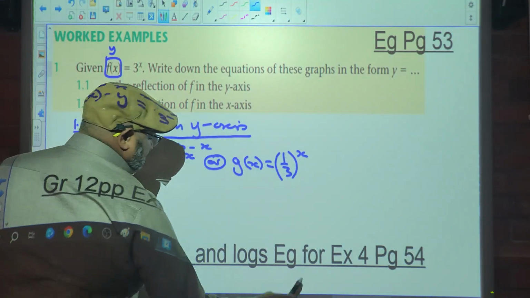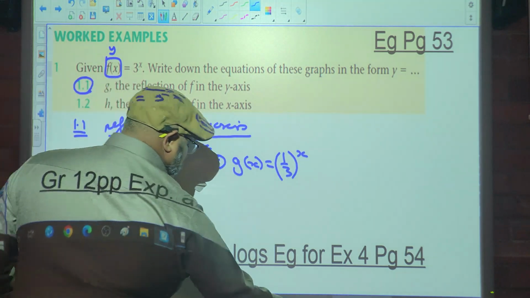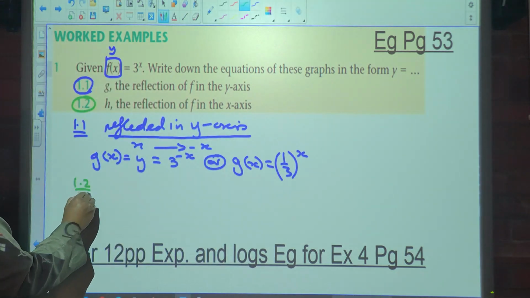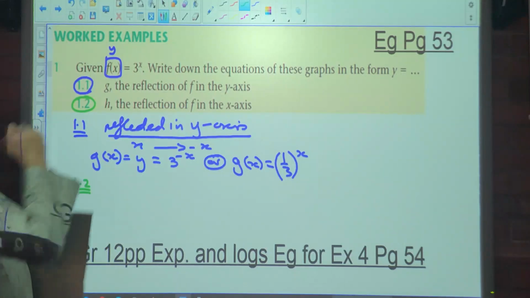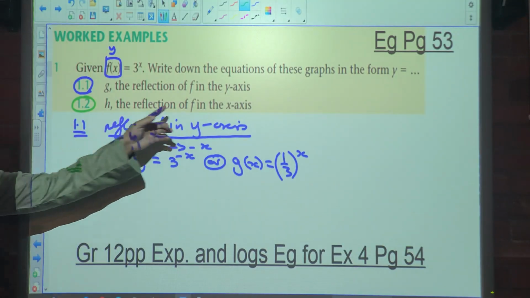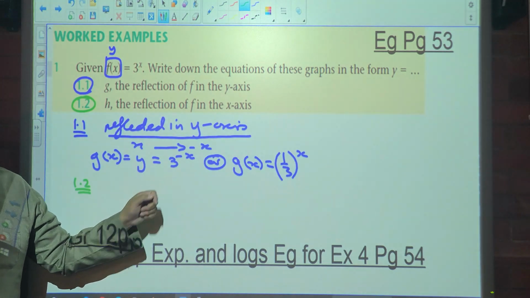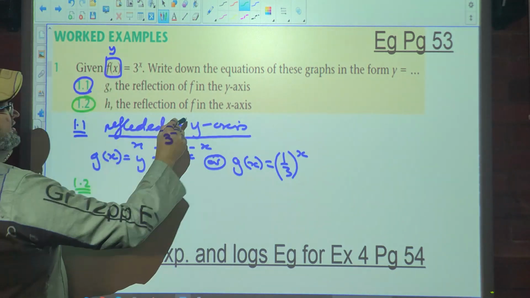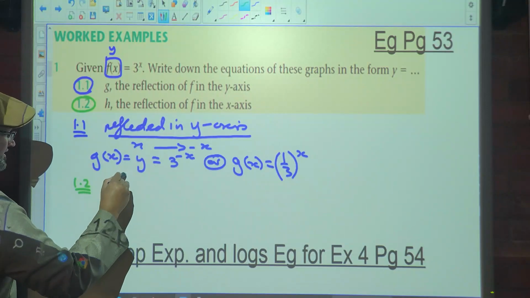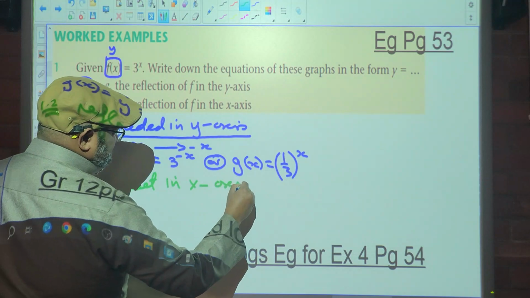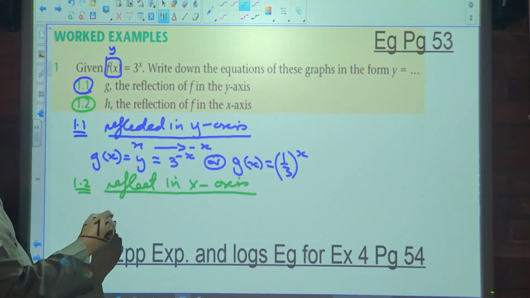Let's look at 1.2. Reflection of f. So I go again to the original. If I had to say reflection of g, then I would have had to go with this one. Can you see that, people? Reflection of f in the x-axis. If something is reflected in the x-axis, what's the rule? y becomes negative, not so?